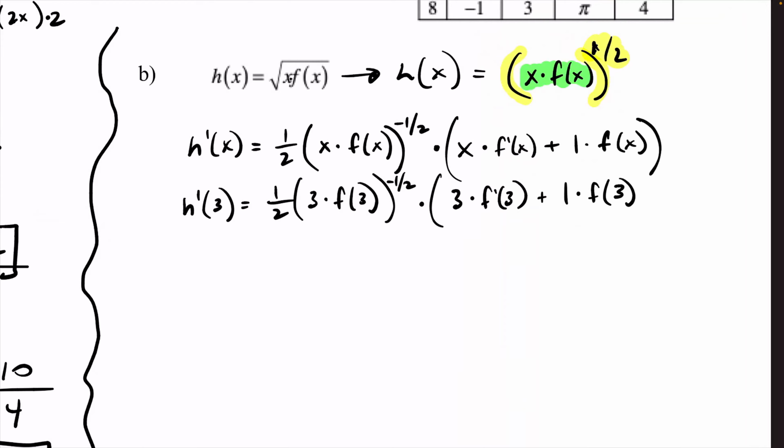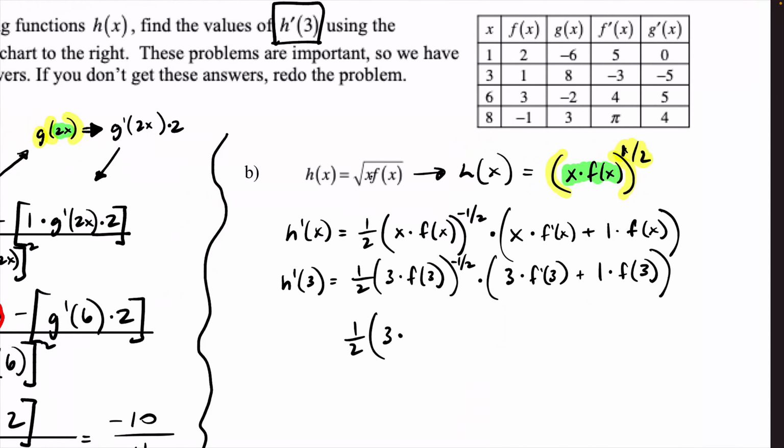Okay. Table, go figure out what these f of 3s are. We need f of 3 and f prime of 3. So 1/2 times 3, let's see, f of 3 is 1 to the negative 1/2 power times 3, f prime of 3 is negative 3, plus 1 times f of 3, which is 1.